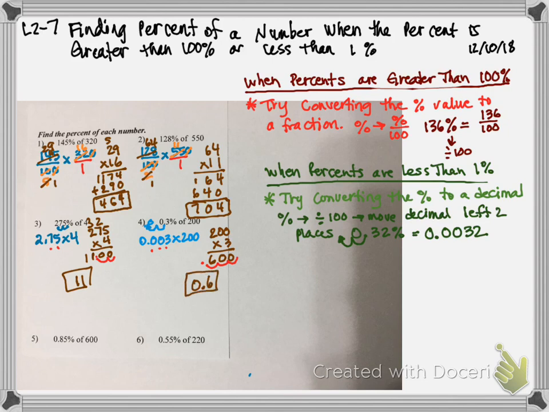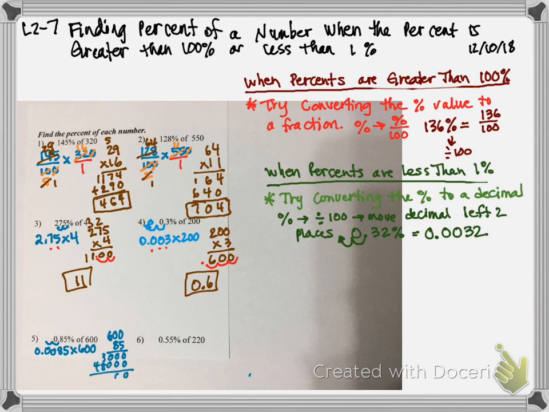Okay? And then this one, I'm going to do the same strategy. So again, we're starting by dividing by 100, which gives me 0.0085, and then times 600. So off to the side here, I'm going to multiply 600 times 85. So I get 0, 0, 0, then 0 placeholder, 0, 4, 8.